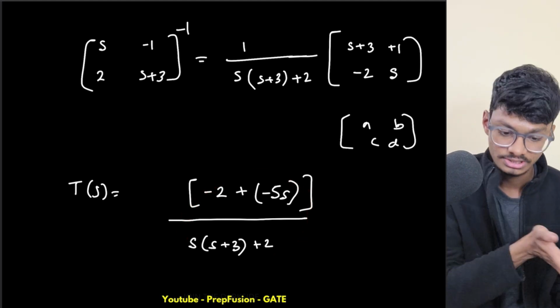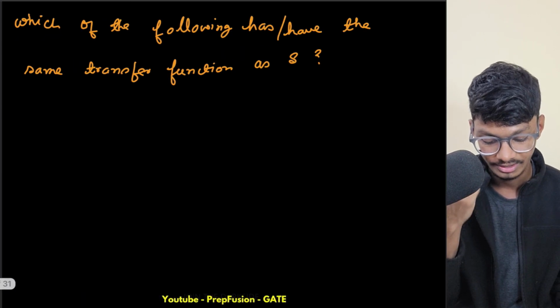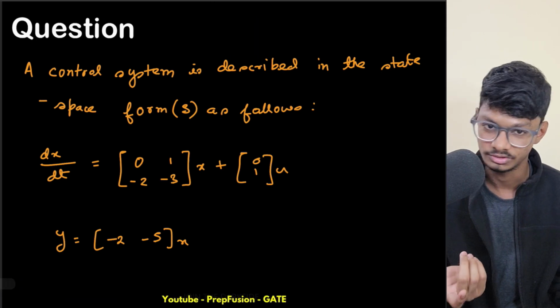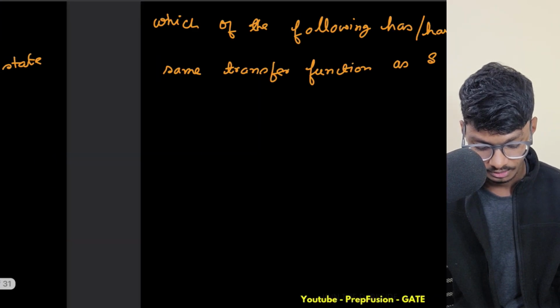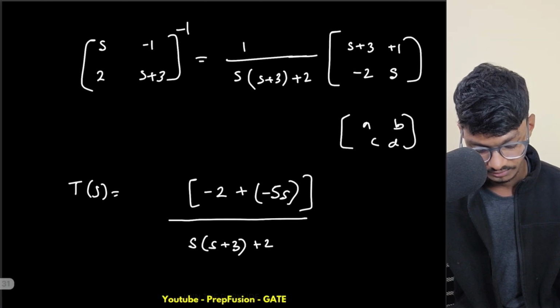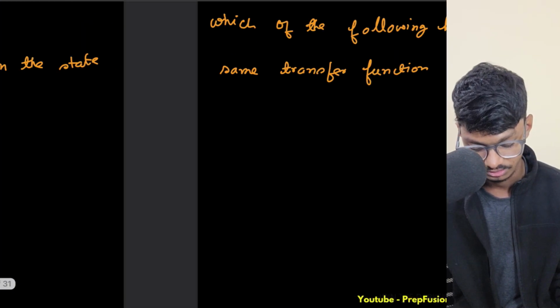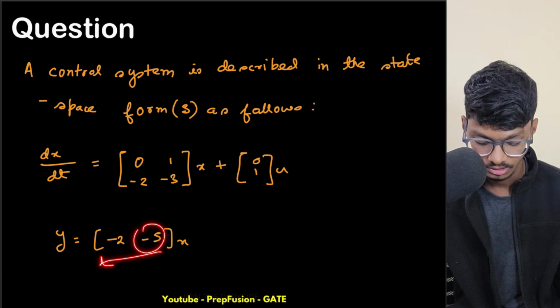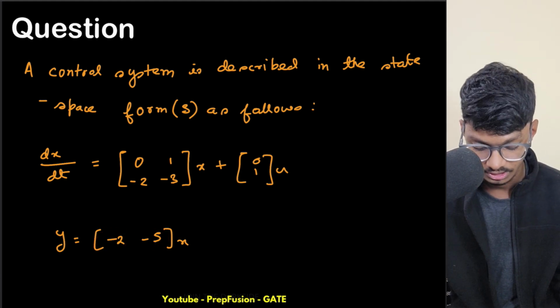Then you have to check the other four options through the transfer function. You could also have done a shortcut, though I don't tell you to remember it. As I taught in class, you start with minus 5, minus 2, minus 5s, then minus 2 s to the power 0, and this will be the bottom.